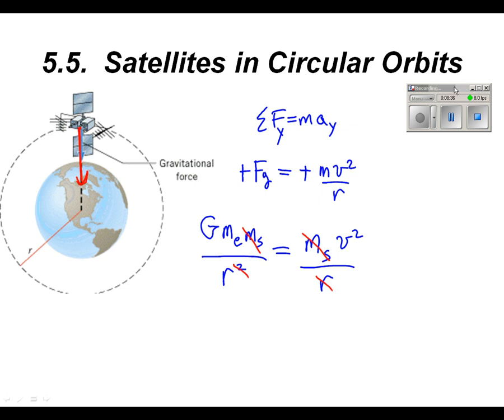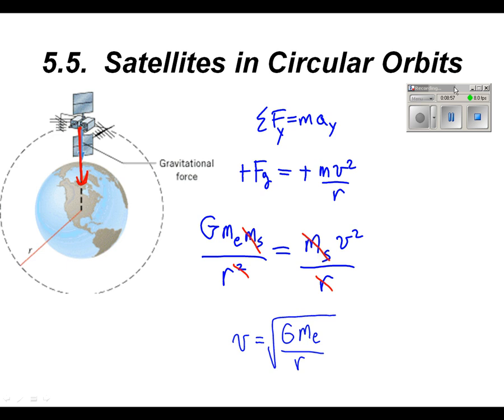And so very often we'll just solve this equation for velocity. We can solve for anything really, but a very common thing to do is solve for the orbital velocity of an object around a planet, around the sun, and so on. So here we have G, mass of the Earth in this case, and the radius of that orbit, square rooted.